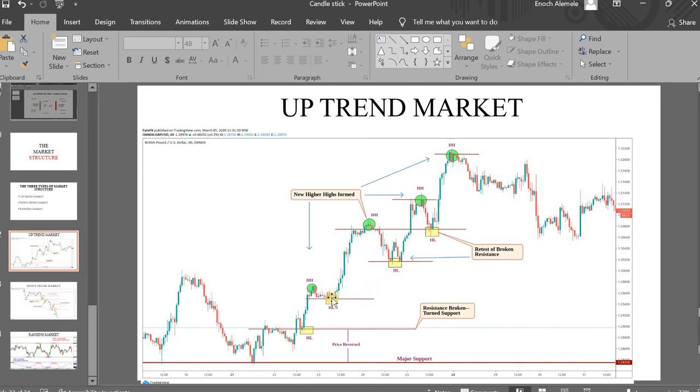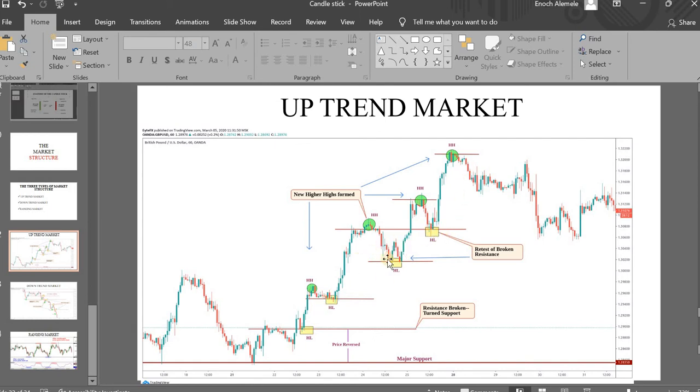Okay, so let me summarize it quickly. You place a support at the lower lows, and then when the price goes up, you place another line that will serve as a resistance. Then at the lower high or lower low, you place another line there which serves as a support. Then as it goes up, where price got to and then retraces, you put another line there which serves as a resistance. So that is the movement of the price in an uptrend.